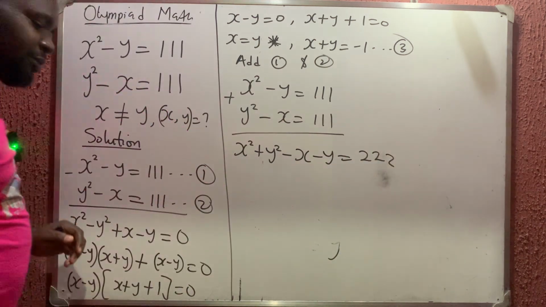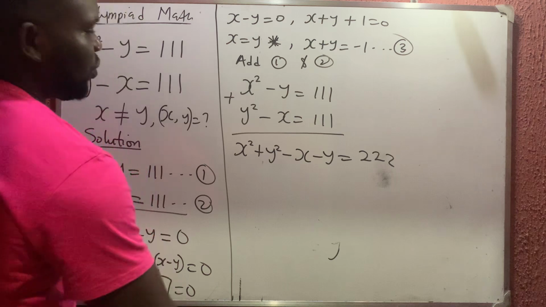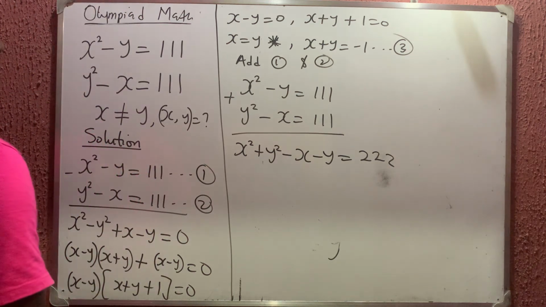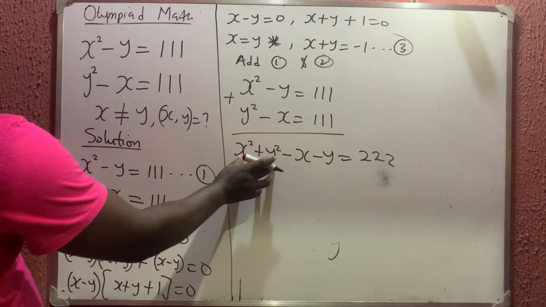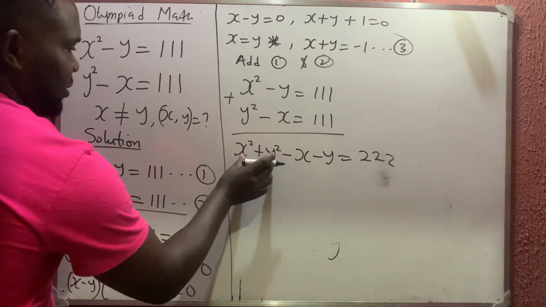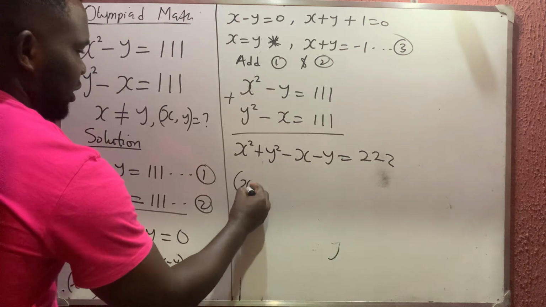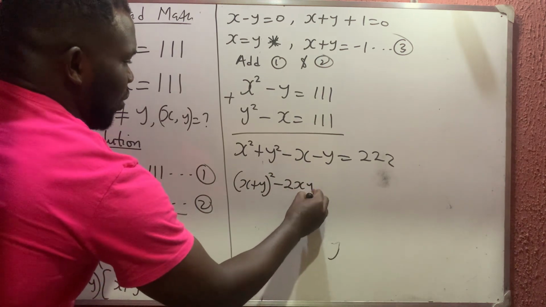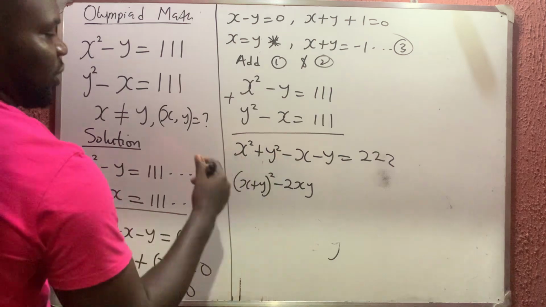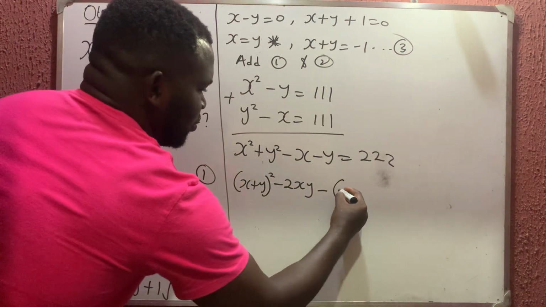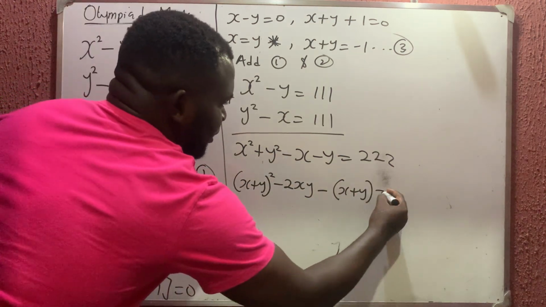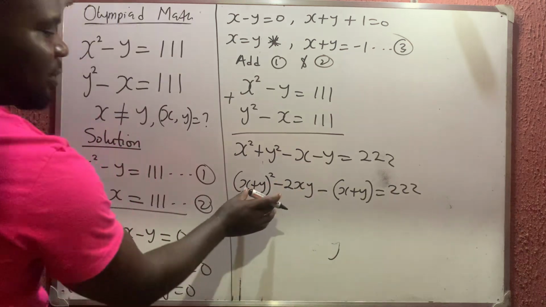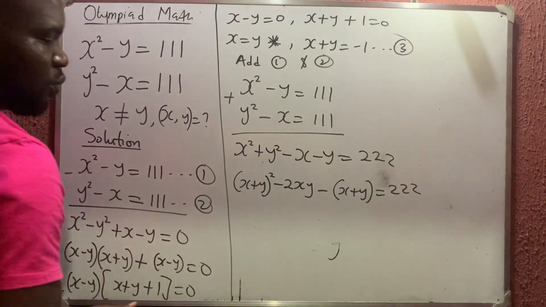Now having this, what do we do? This x squared plus y squared is the same thing as saying x plus y all squared minus 2xy. Then minus x plus y is equal to 222. Now how did I get that? Watch me now.